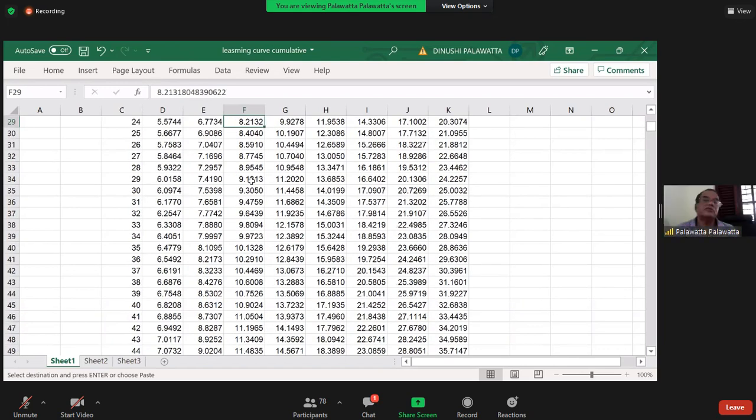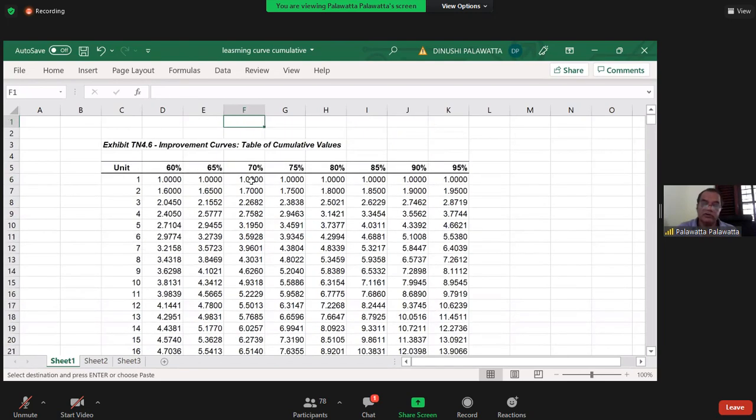Somebody is asking how we got 17 point something. Can you see the table? Yes, sir.